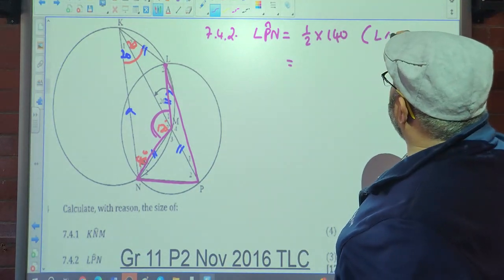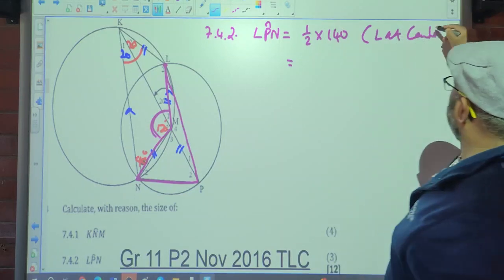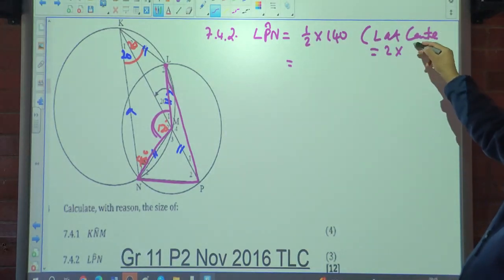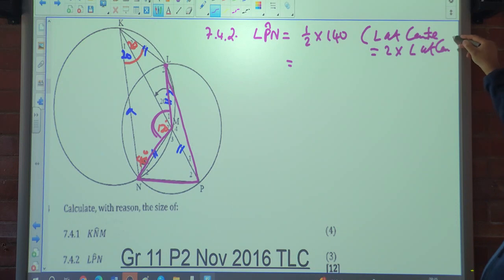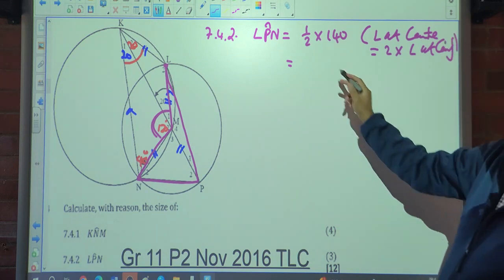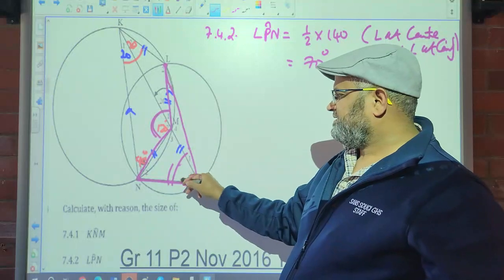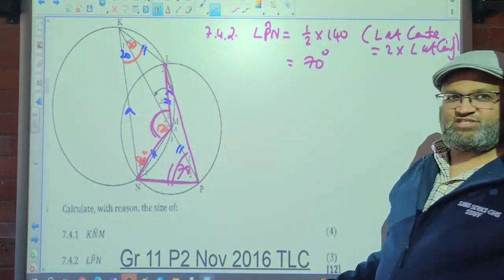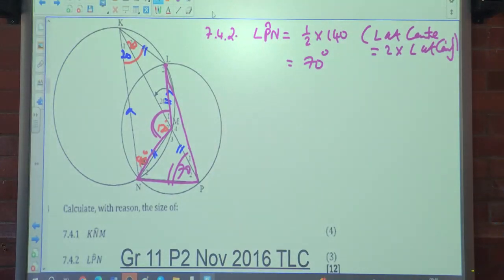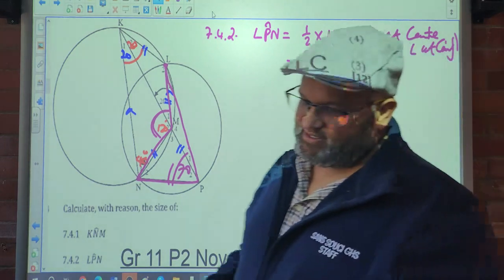Why? Angle at center is equal to 2 times angle at circumference. That will give you an angle of 70 degrees. So much easier.